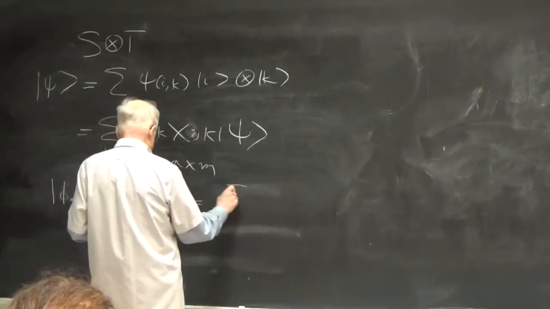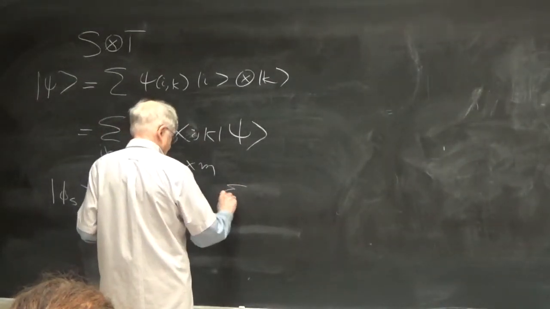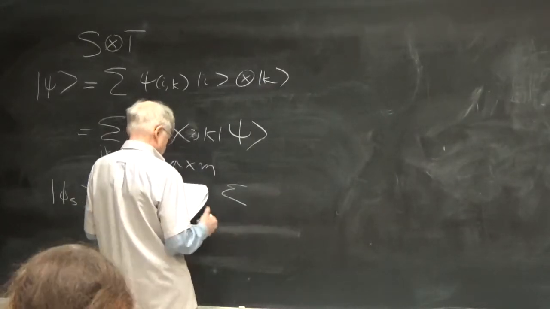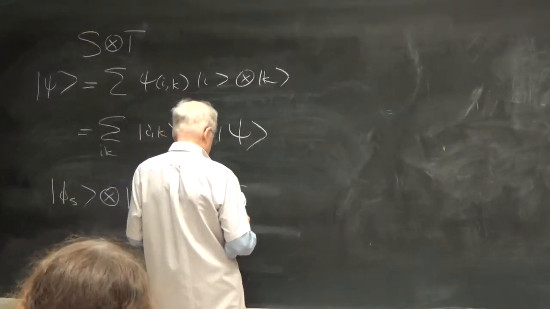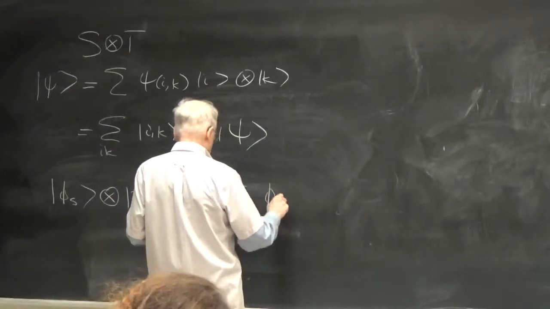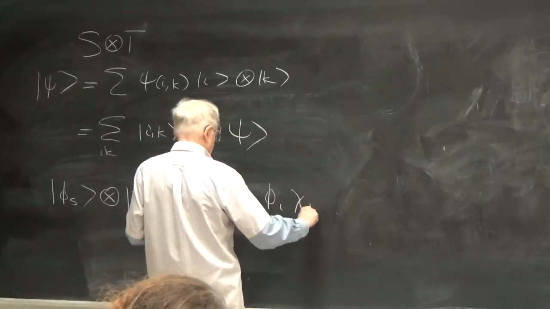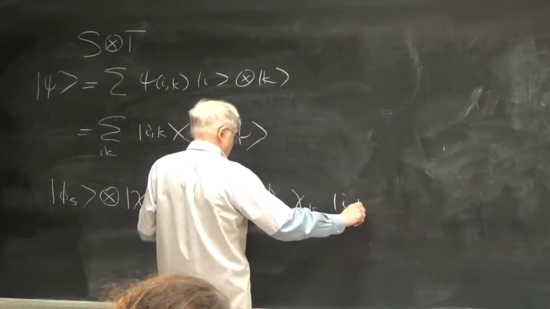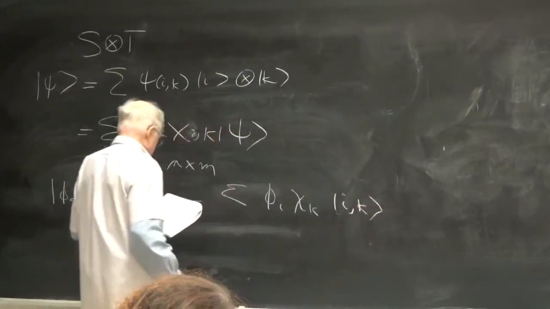This turns out to be a sum of phi I chi k, ik.